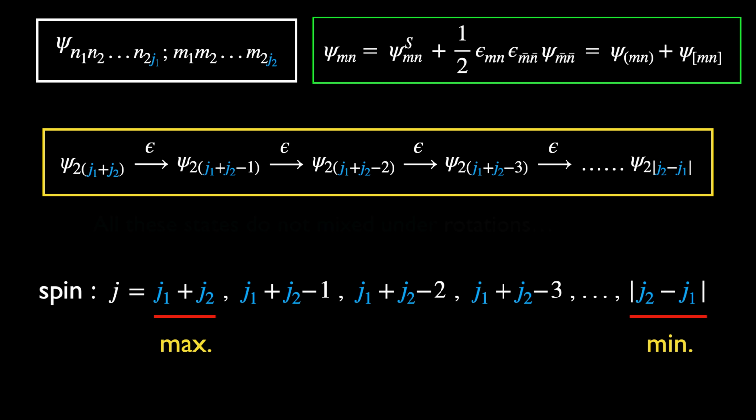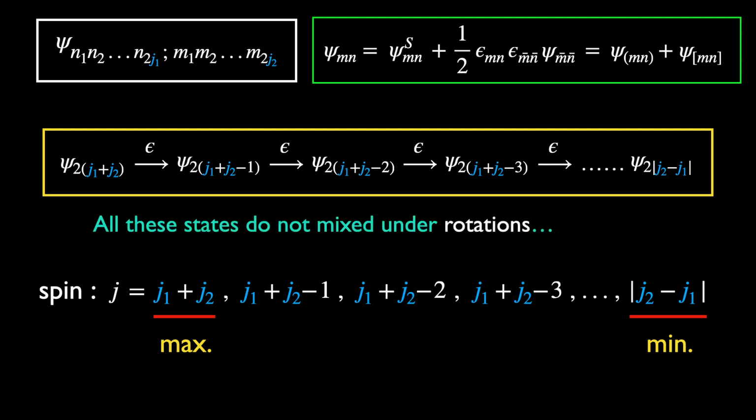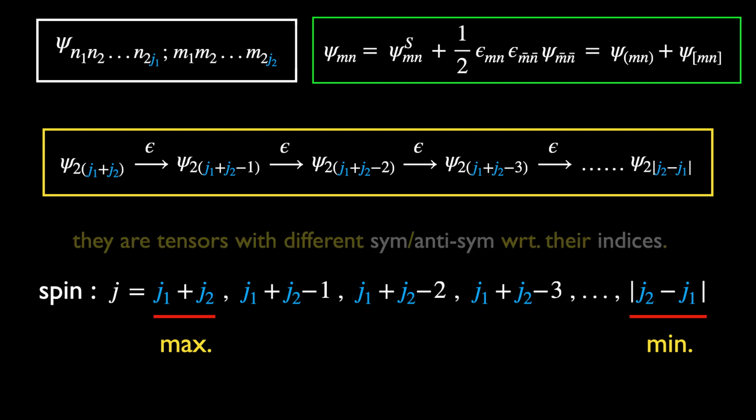All these states do not mix under rotations, because they have tensors with different combinations of symmetric and anti-symmetric indices. This is exactly what we would expect for representations with different spins. Thus, we have successfully derived the rules for the addition of angular momenta, as discussed in lecture 21, using the tensor representation of rotations.